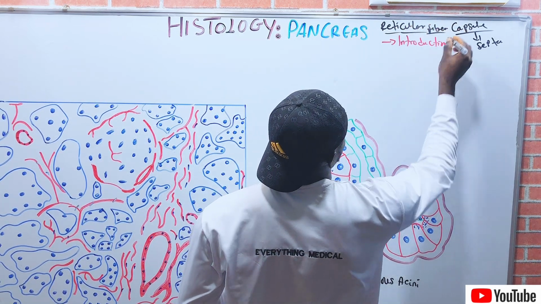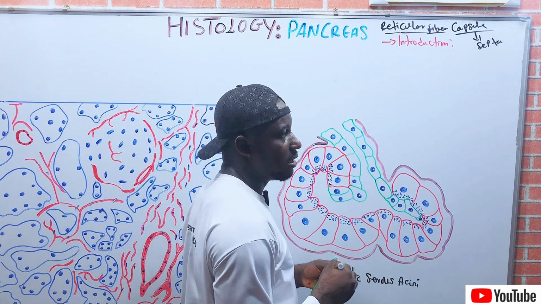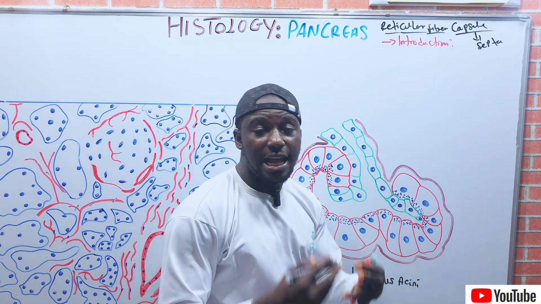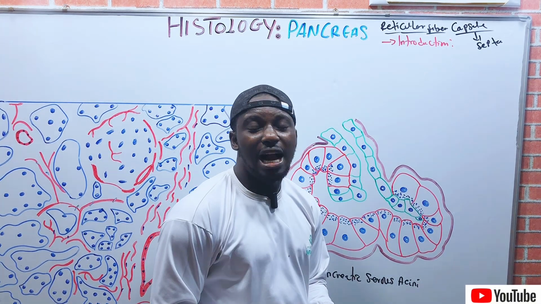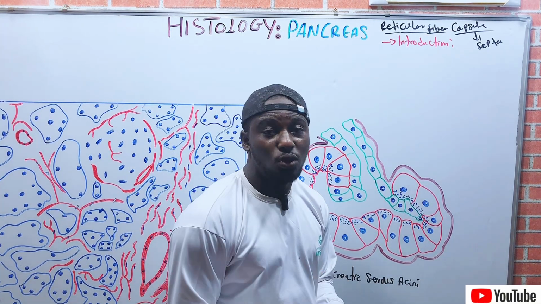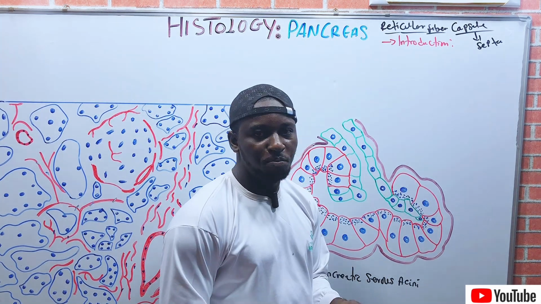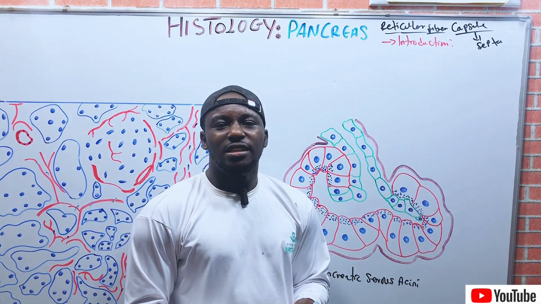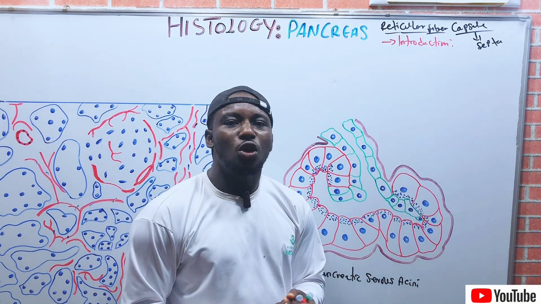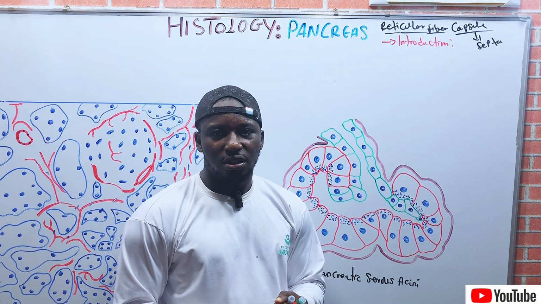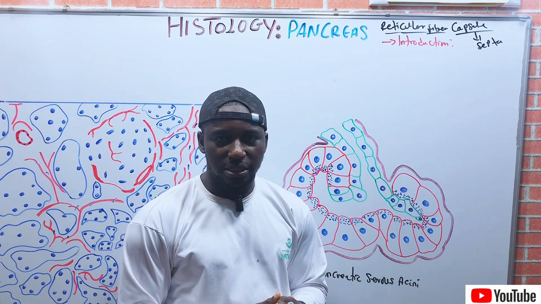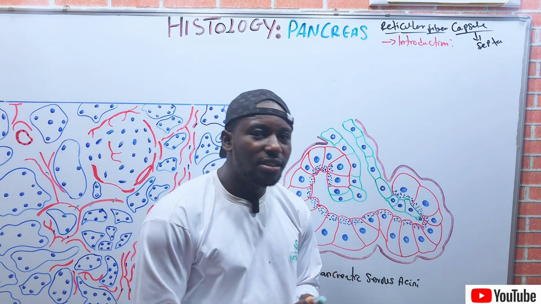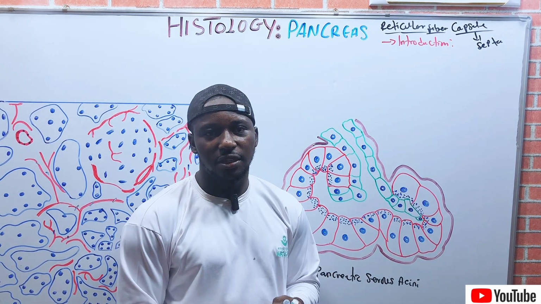The islet cells of the pancreas are surrounded by a network of reticular fibers. The pancreas also is composed of two important functions. It is made up of two segments, right? The endocrine segment and the exocrine segment.